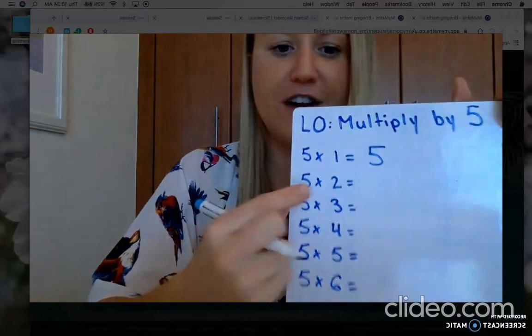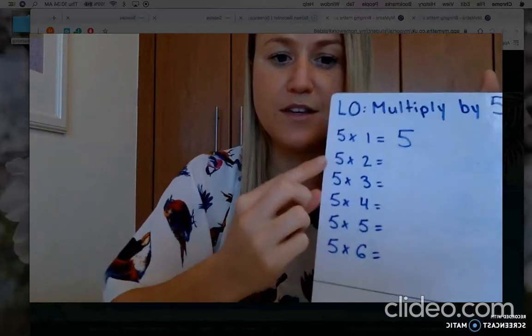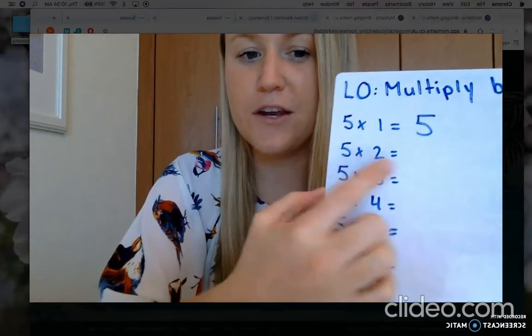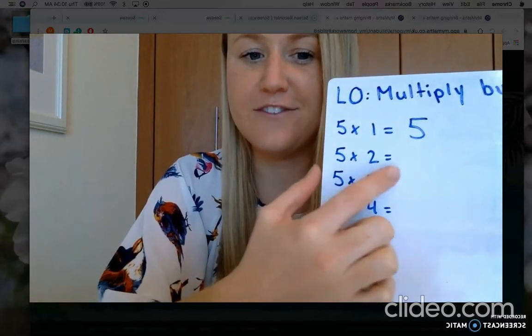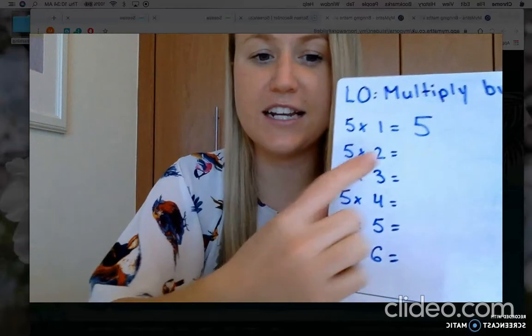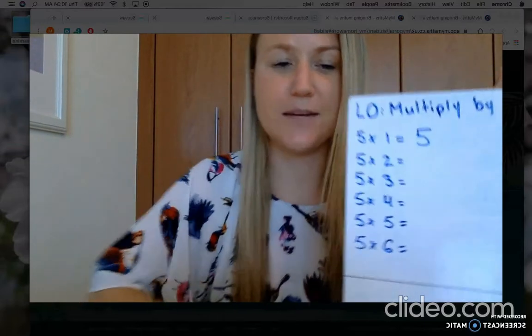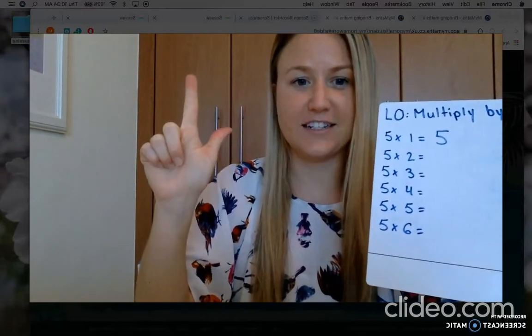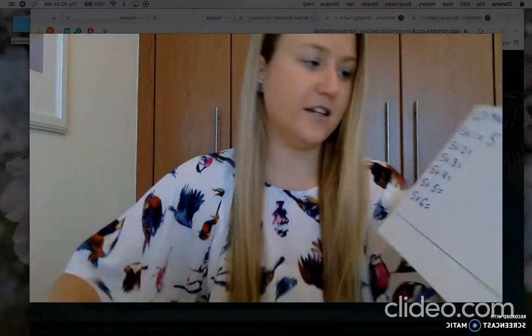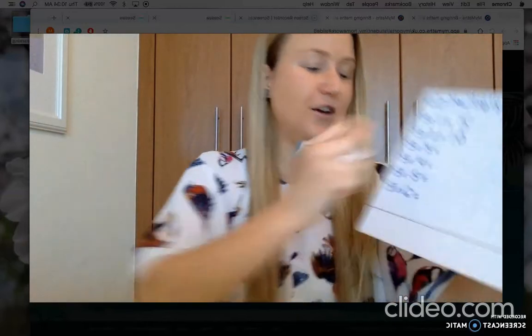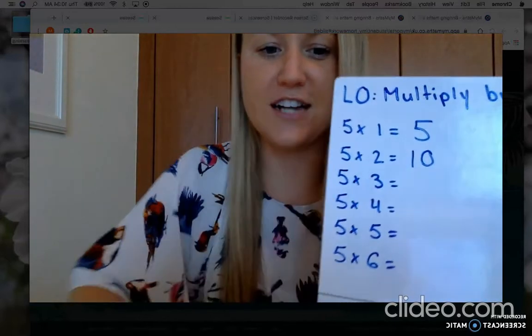Then when I have 5 times 2, just have a quick think. The number in the equation that is not the 5 is the 2. So I know that I need to count by 5s 2 times. So 5, 10. Okay, moving on to 5 times 3.